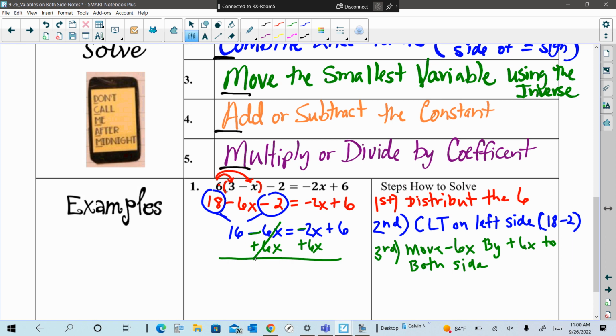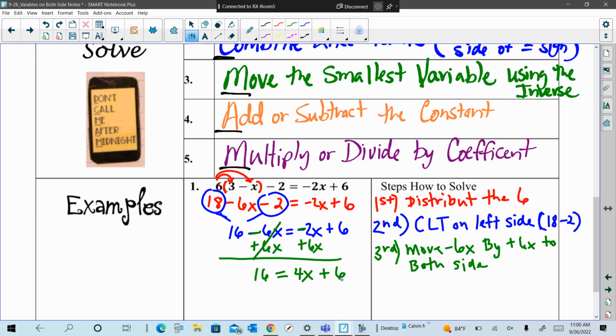It's gone. And so now we have the equation 16 equals, well, when I do negative 2x plus 6x, I'm left with 4x and now plus 6. There's step 3: moving the negative 6x by adding 6x to both sides.